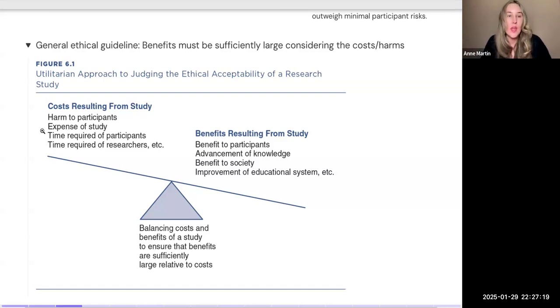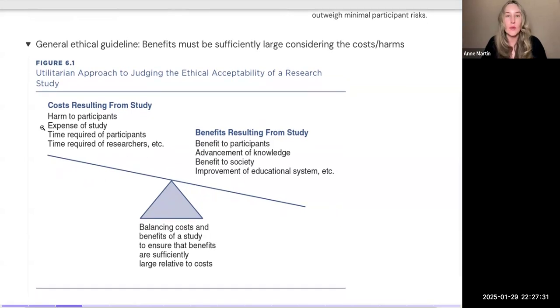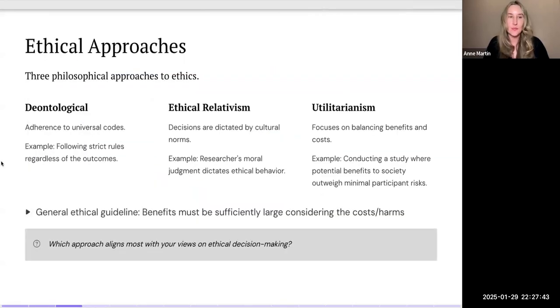There is the time required, perhaps expense, and it could be a difficult topic for participants to talk about, which could cause some harm too. In general, in education, the harms tend to be less severe than in other disciplines such as medical research, but it is still really important to think about those in education as well.